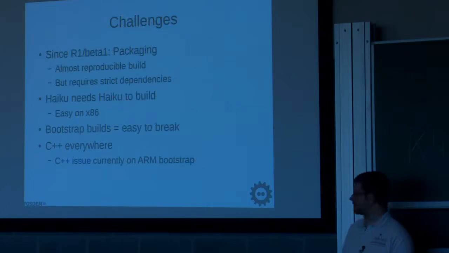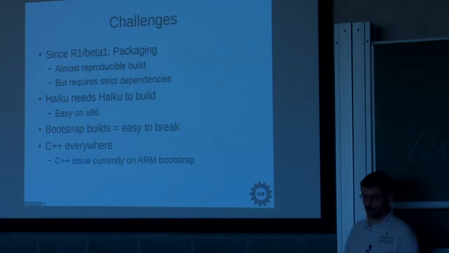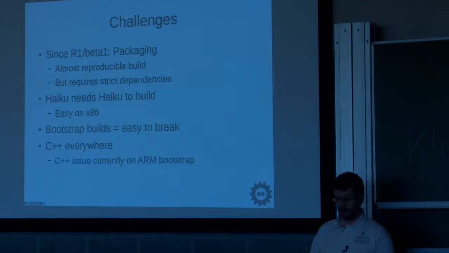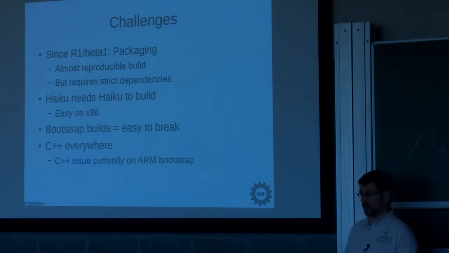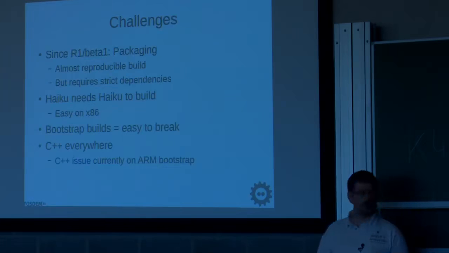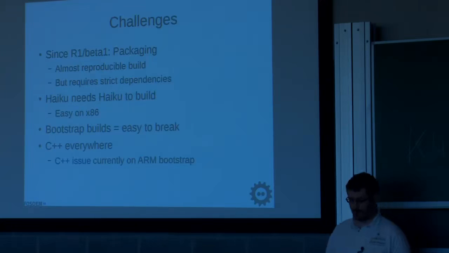So there are some challenges when you want to port Haiku to another architecture. First, since the latest beta, which is our first beta, we do support packaging, which is nice because we can almost have reproducible builds, because we use a chroot to build stuff. But it also means the dependencies are stricter, so you can't just cut things out just to bootstrap stuff.